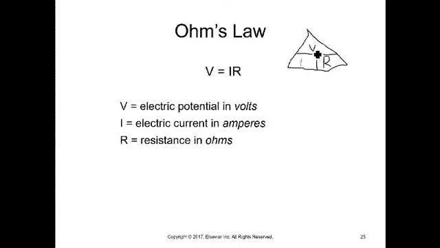So right now you're seeing V equals I times R. But it can also be shown as R equals V divided by I, or I equals V divided by R. Okay, so what you're doing is using this little triangle, which looks like a gnome's hat, to help you determine the other forms of Ohm's law.